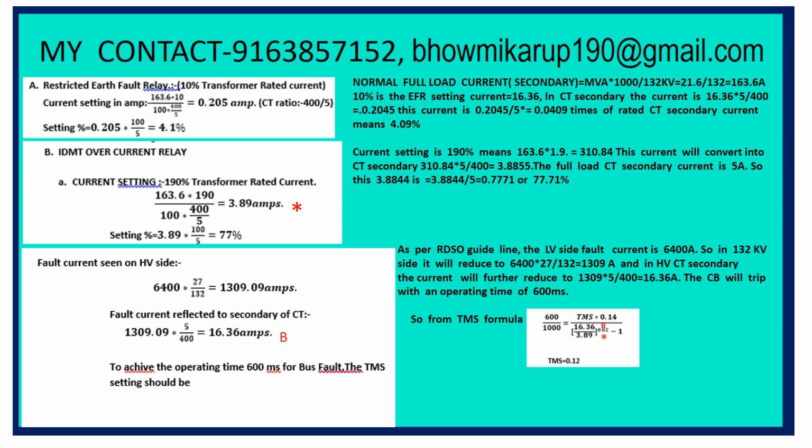But for the earth-fault relay, the current is to be injected at 10% of the rated load current. Moreover, the CT secondary will reduce the current in the ratio 400 by 5. So 10% current is 16.36 ampere, and in the secondary, convert 16.36 into 5 by 400.